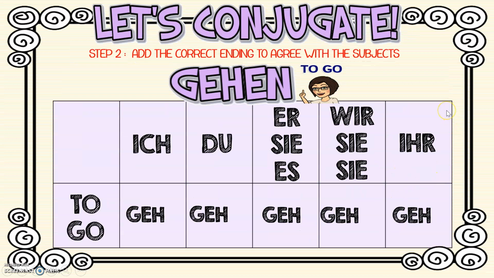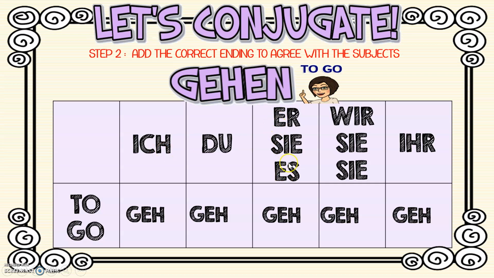Okay, so here's our handy dandy chart. Remember, step 1 was to take the en off. Step 2 is to add the correct ending to agree with the subjects, and you just have to memorize these. So here are our pronoun subjects. I, you, he, she, it, we, they, you formal, and you guys, ihr.